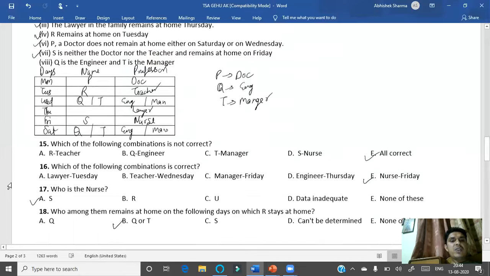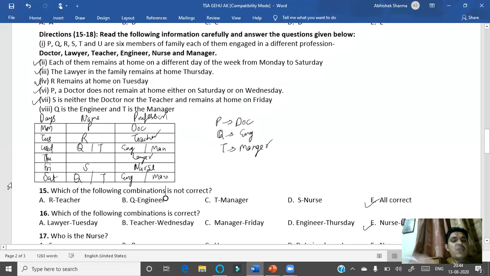If we look at the arrangement, we are not done with the entire arrangement. One place is left, one name is left, and the name left is U, right? So I guess all are clear with the arrangement. There are two possible arrangements for the question, right?